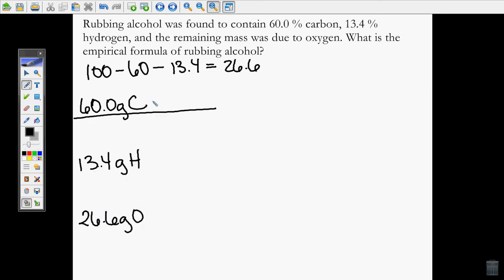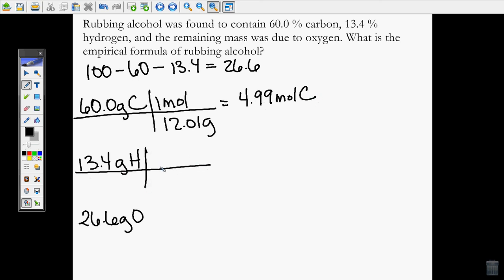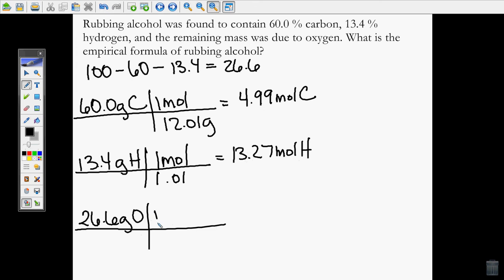So let's convert these to moles. So 1 mole carbon is this, and I get, I should put grams, 4.99 mole carbon. Convert my hydrogen. I get 13.27 mole. And my oxygen, 16 grams.